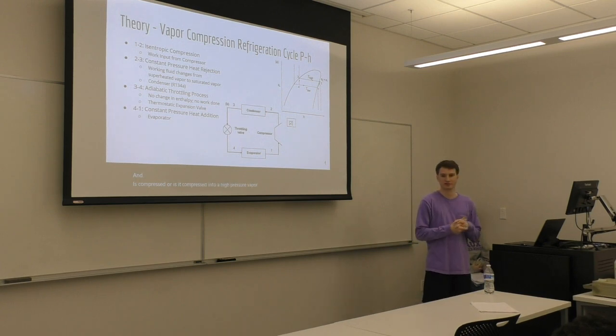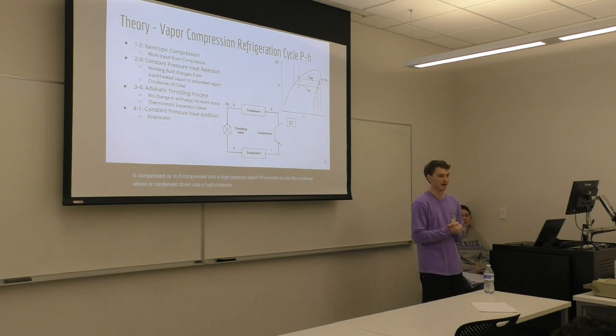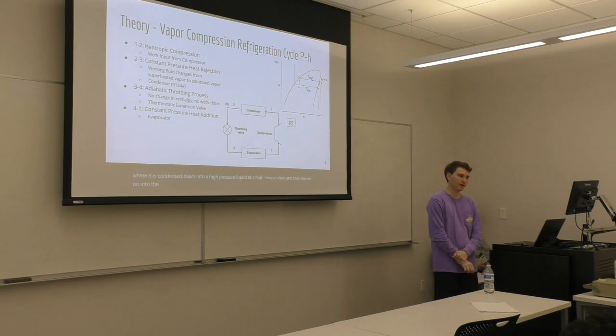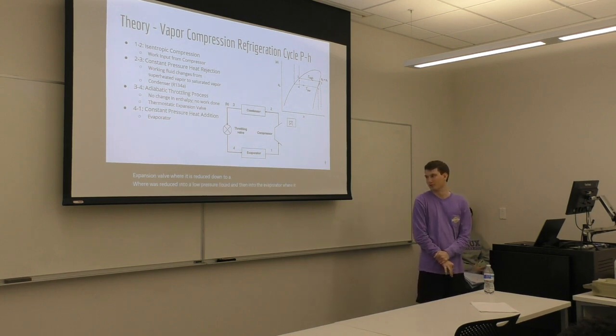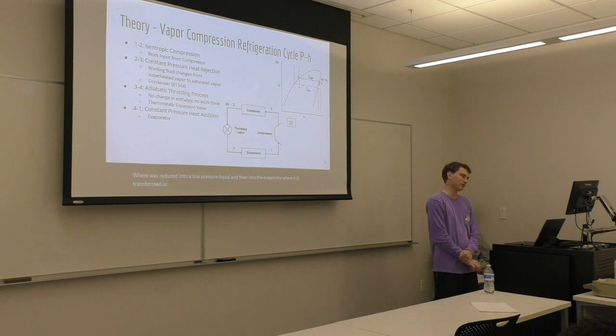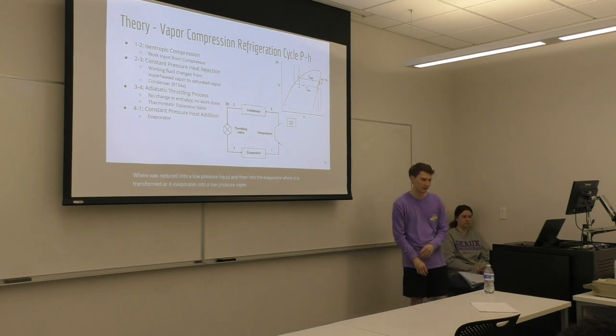It's moved on into the condenser where it is condensed down into a high pressure liquid at a high temperature, and is then moved on into the expansion valve where it is reduced into a low pressure liquid, and then into the evaporator where it evaporates into a low pressure vapor, and then this cycle restarts.